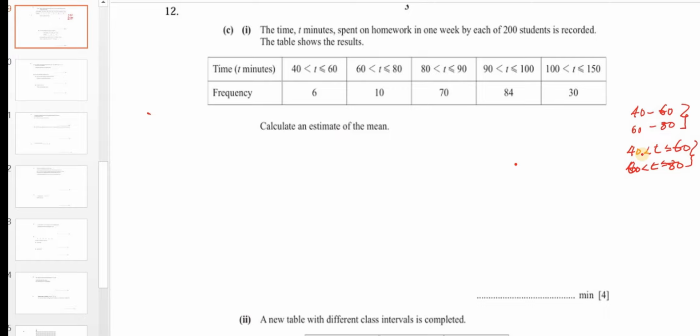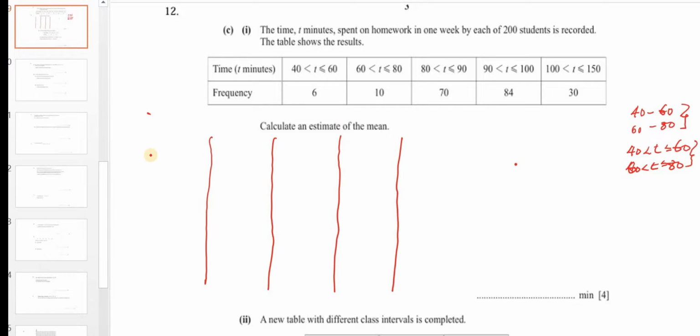So I will now start the solution to see how we can find an estimate of this mean. In doing so, I will construct a table for the solution, so I'm presenting it in tabular form.